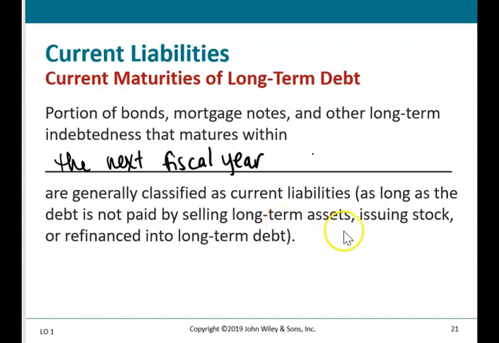Not just selling assets, but if you're selling assets, issuing stock, or refinancing the short-term debt into more long-term debt, you would not separate out the current portion of the long-term debt. But as long as you're paying with cash the current portion of the debt within the next year, you would list that in with the rest of the current liabilities. And that concludes the discussion of current liabilities.